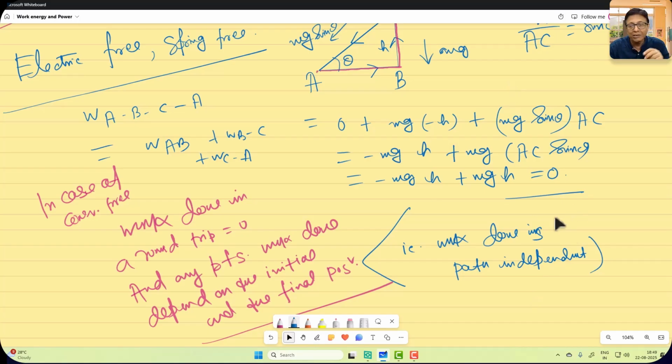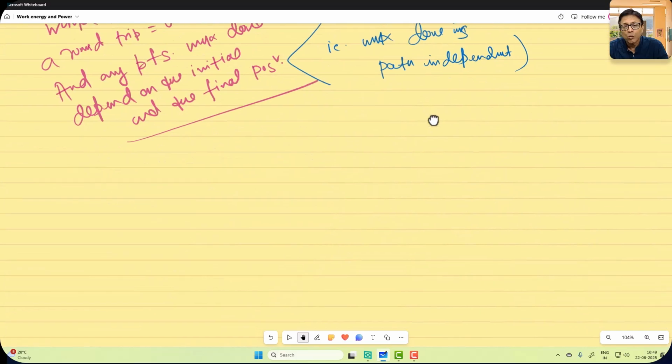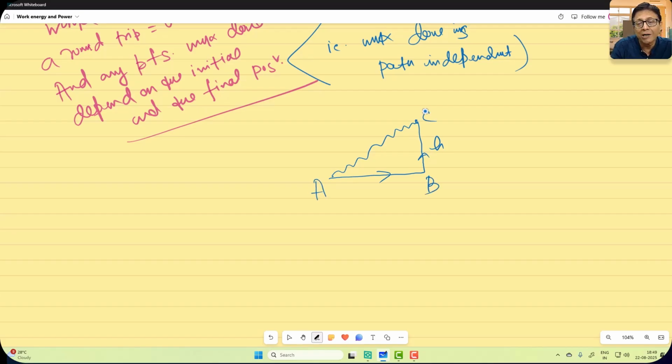Any path you take. In our example, I just show you. Work done, suppose from A to B you have taken this way. So just I showed you, it is height h, mg. Somebody has taken the object this manner. Do you think the same work done will be there? We have taken from A to C via this path and then via this zigzag path.